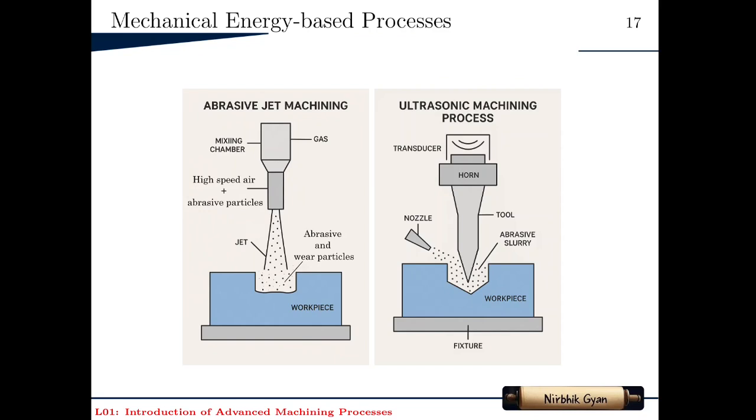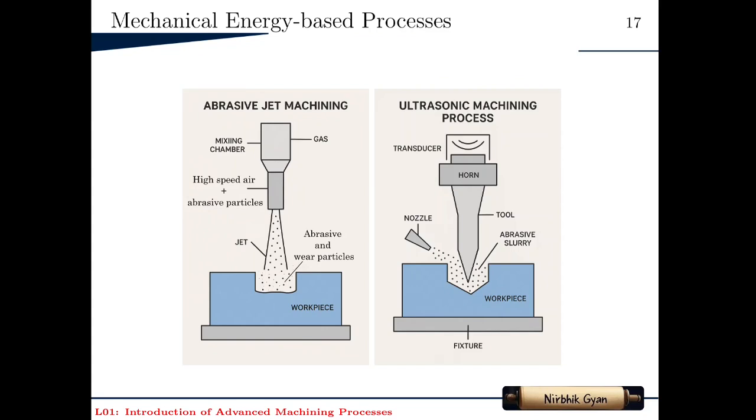They get mixed with gas or air in the mixing chamber, and then pass through the nozzle, which increases the speed of this mixture, and it directly impacts the workpiece in jet form, so that the exposed area gets eroded due to the high speed abrasive particles and air mixture.